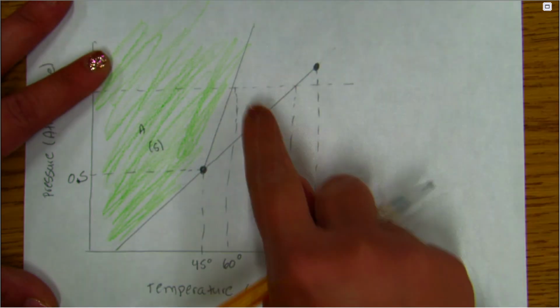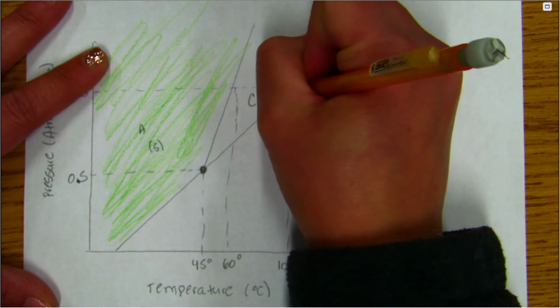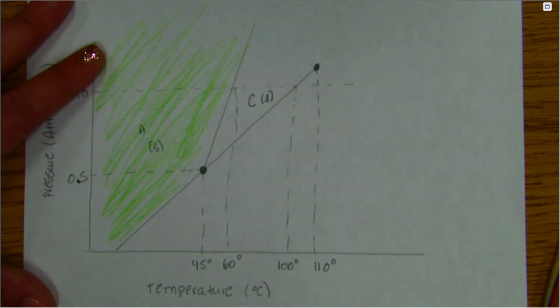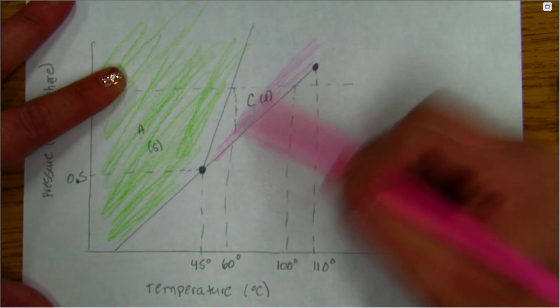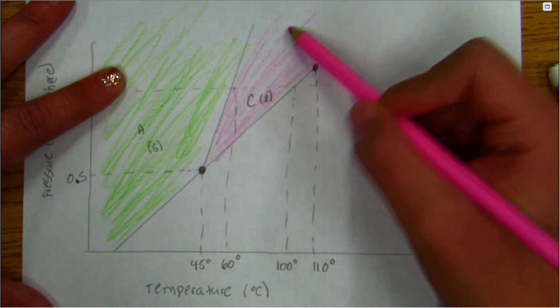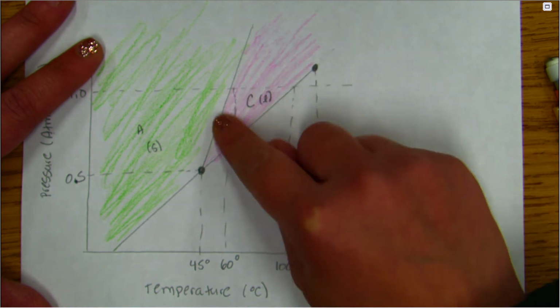In this section, which is labeled C, it is a liquid. So I'm going to go with pink. So this substance is all a liquid.